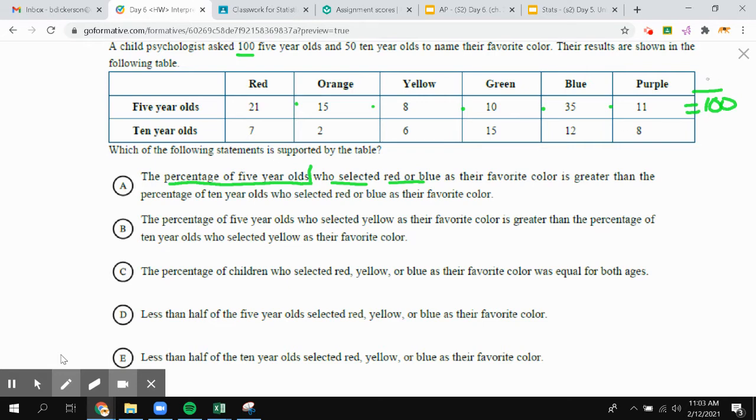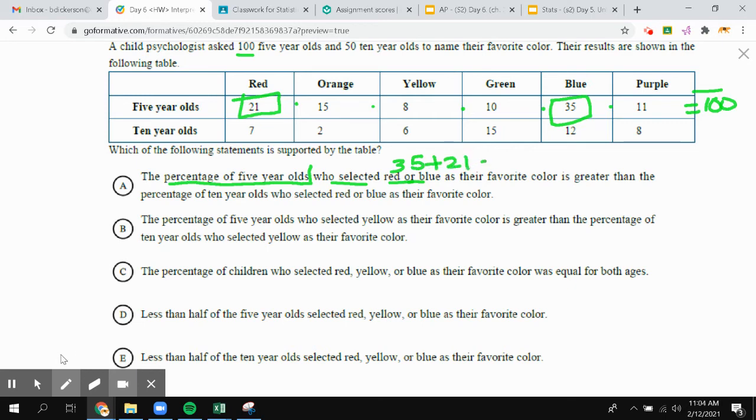And then in this group, we wanted the ones that selected red or blue, meaning they could be one or the other. So we are going to add them together. We see "or" and in stats, we think addition, because we could have one or the other. So we're going to have those combined. So there's a total of 35 plus 21, red or blue.